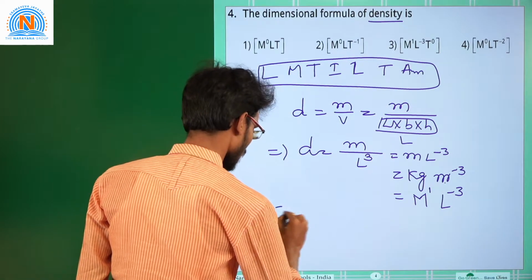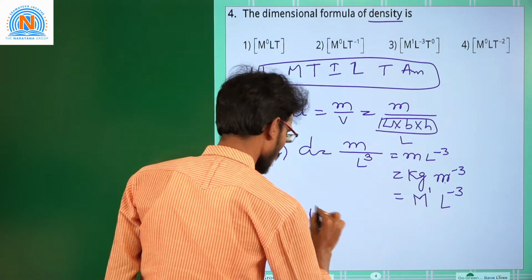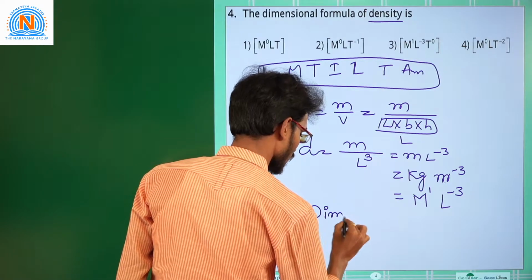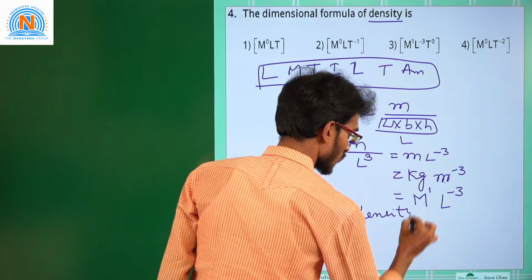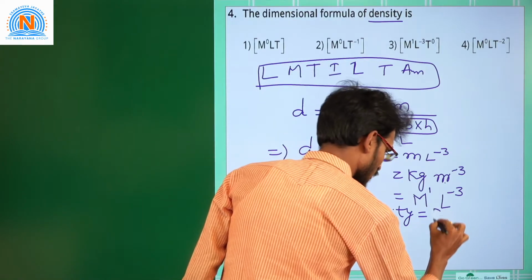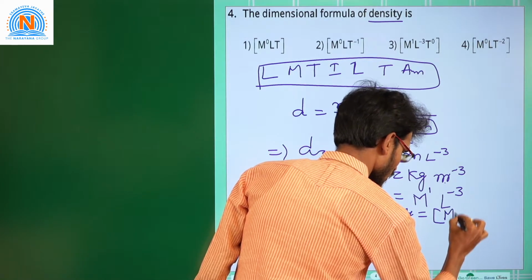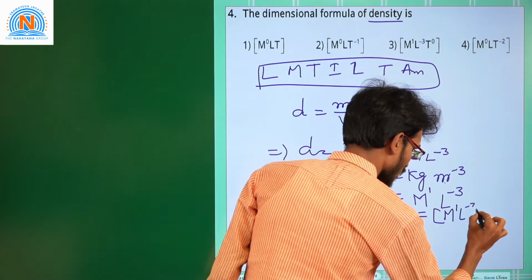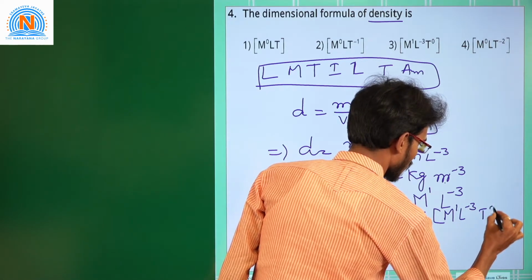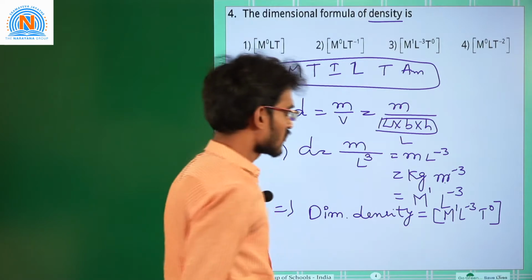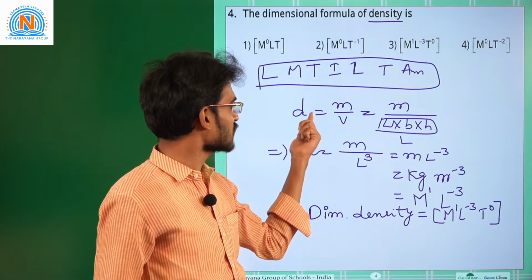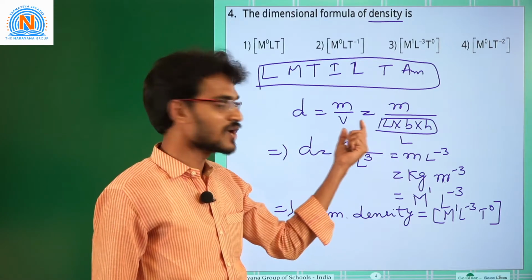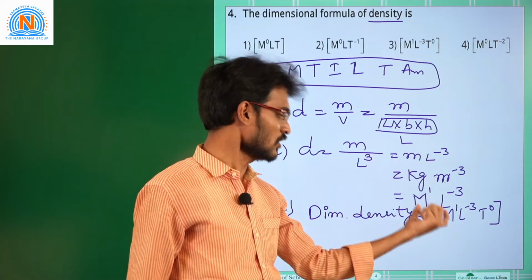Now you can write the dimensional formula for density is equal to, in square brackets, M power 1, L power minus 3, T power 0. Why? Because while deriving the dimensional formula for density, we obtain only mass and length terms.